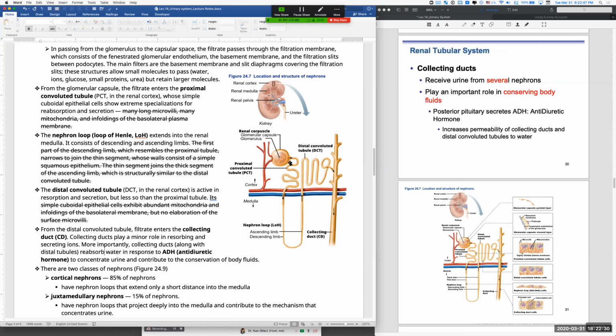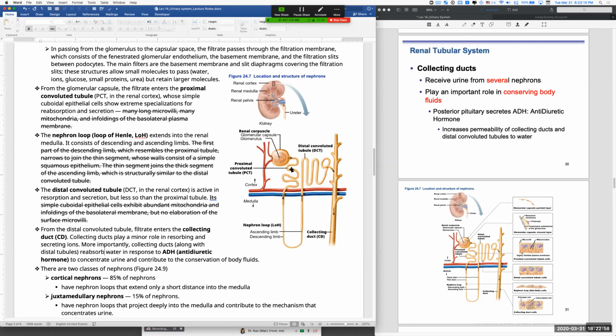Much of the ions that get filtered into the Bowman's capsule, like something like 90% of the sodium, I can't remember the exact number, but I think it is actually closer to 99% of the sodium that gets filtered into the Bowman's capsule actually gets reabsorbed by the end of the PCT. Okay.